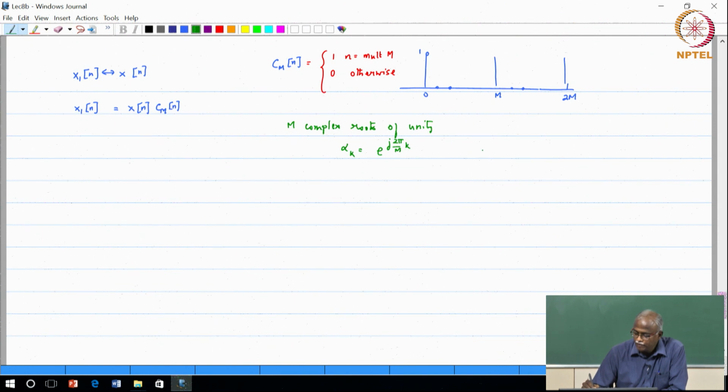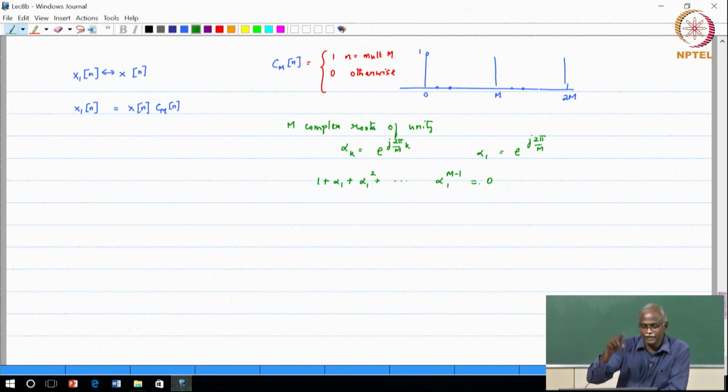Let me take alpha 1, that is e power j 2 pi over m, and then I can write down the following equation: 1 plus alpha 1 plus alpha 1 squared all the way to alpha 1 raised to the power of m minus 1 is equal to 0. When I take the powers of the root, the sum is equal to 0. Basically, you will do a geometric series and show that the numerator goes to 0. So, therefore, you get this expression.